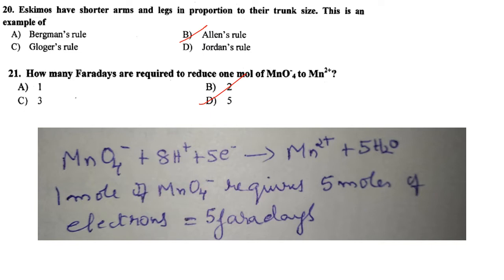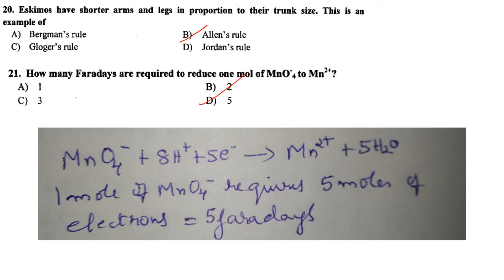So what is Allen's rule? Allen's rule states that animals adapted to cold climate have shorter limbs and body appendages than animals adapted to warmer climates. Then Bergmann's rule states that organisms at higher latitudes should be larger and thicker than those closer to the equator to better conserve heat.